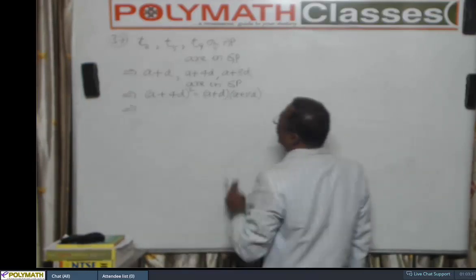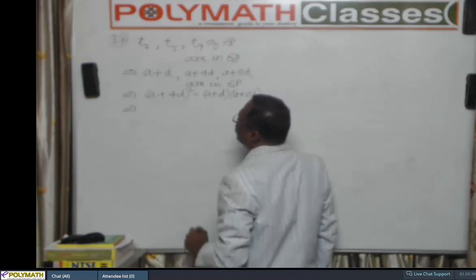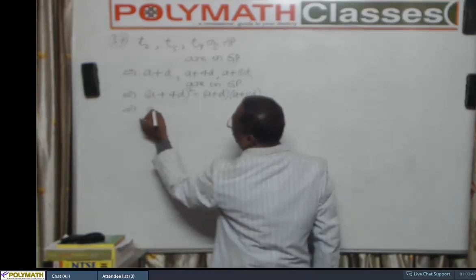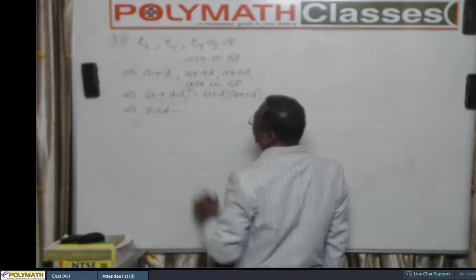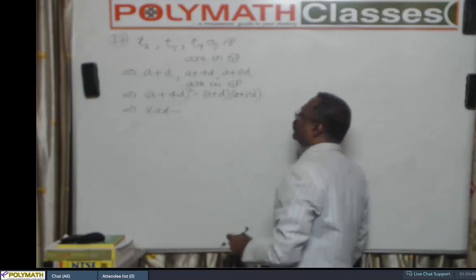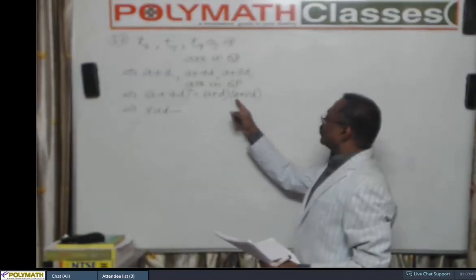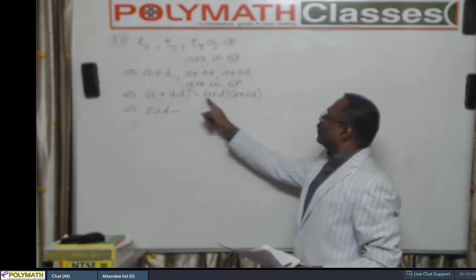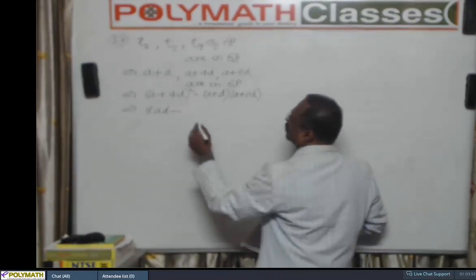So this A square gets cancelled, and you have 8AD here plus 16D square here, and you have 8D square here. It is AD plus 8AD, it's nothing but 9AD.